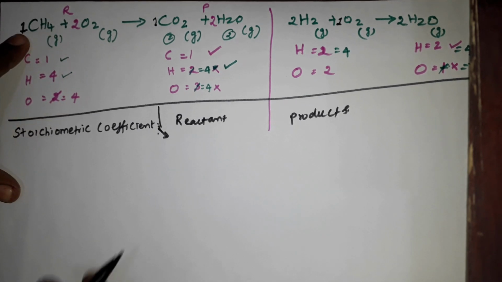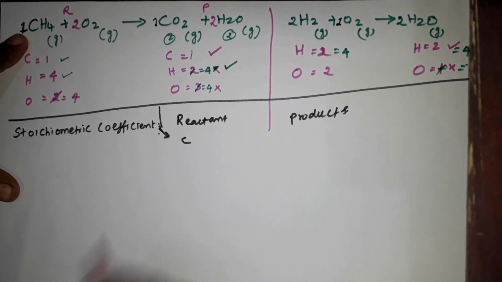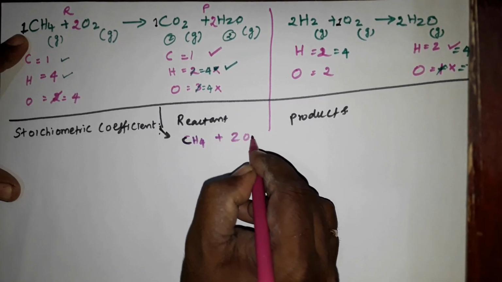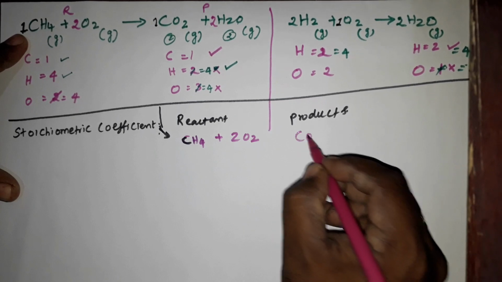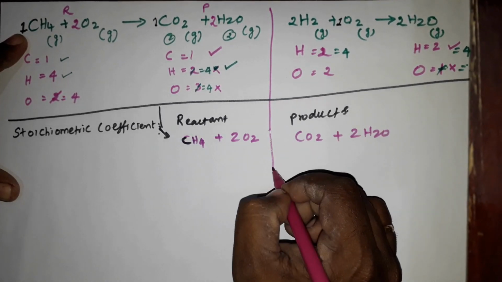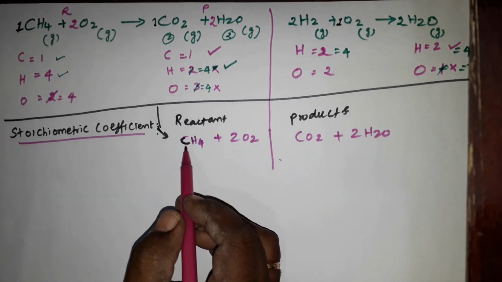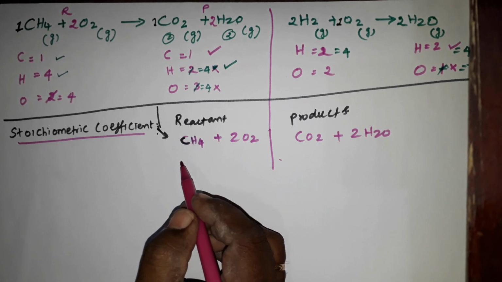So CH4 plus 2O2, then products CO2 plus 2H2O. Now we are representing the number before this molecule, that is stoichiometric coefficient.